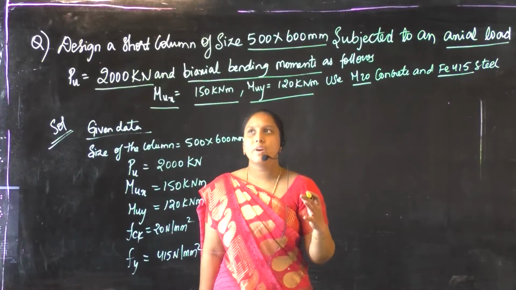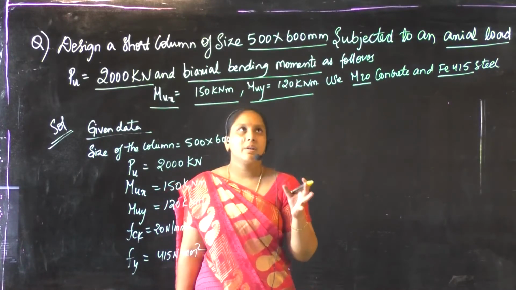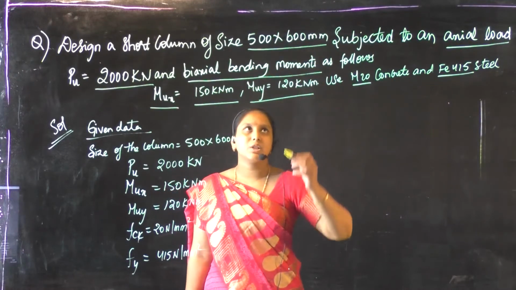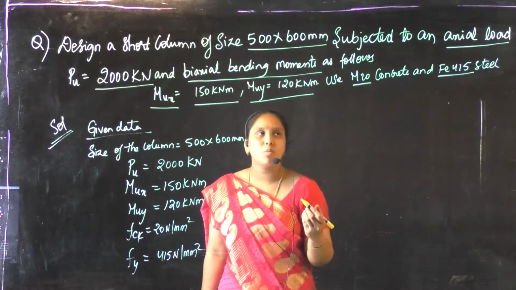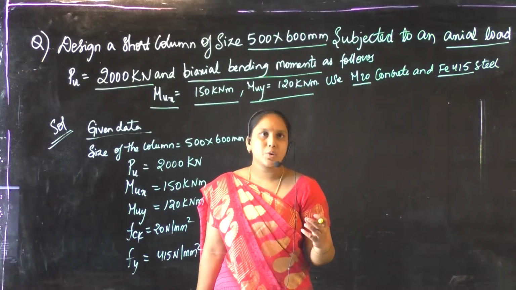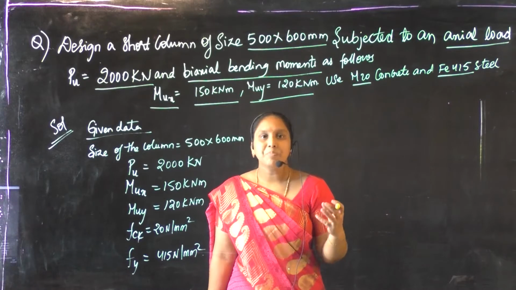So what we have to design is the reinforcement, because the dimensions, that is the size of the column, are already given. Here the reinforcement has to be designed, that is the longitudinal reinforcement as well as the lateral ties.